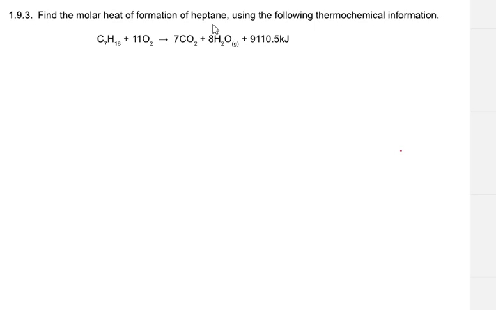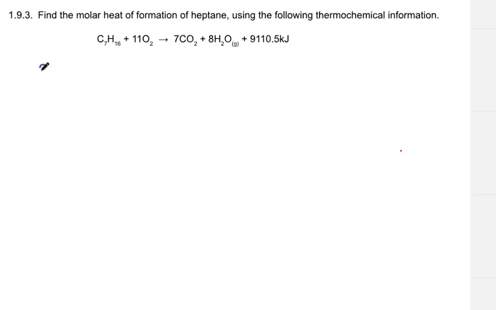If you look in the data book, heptane isn't there. What if we wanted to know what its heat of formation was? We could do some algebra to find this. Here's how it goes. Whoever figured out this delta H number would have done products minus reactants.